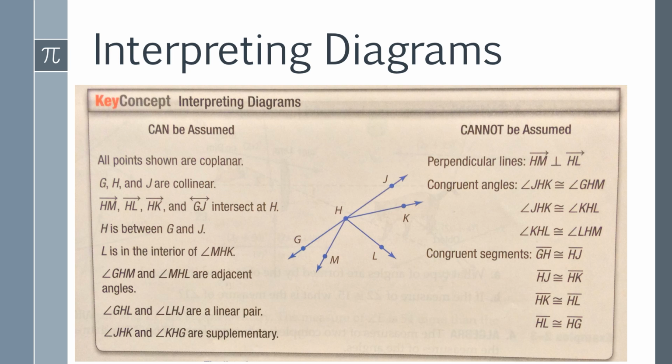Doesn't matter if it looks close. It's got to be marked, or we have to have a numerical value that tells us this. These segments listed here, while they all look pretty close to each other, we cannot assume they are congruent. So all those assumptions, some can be made, some can't.